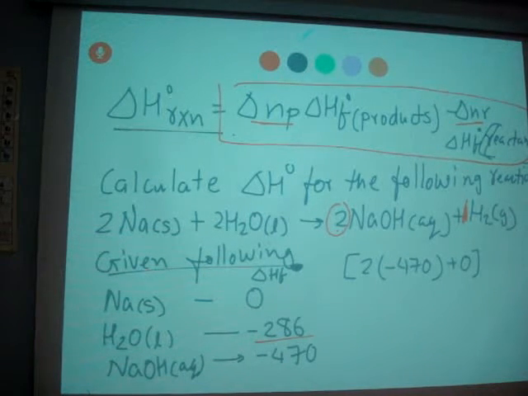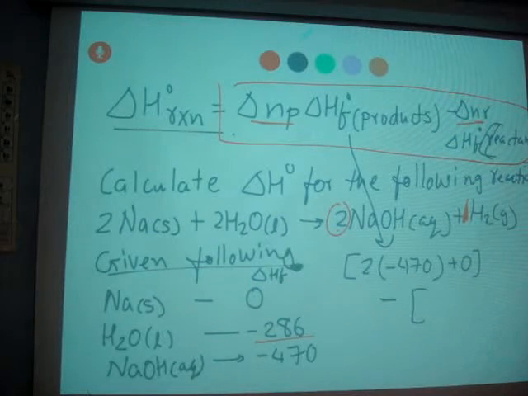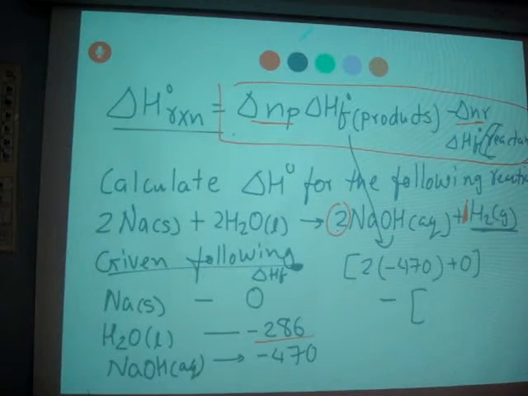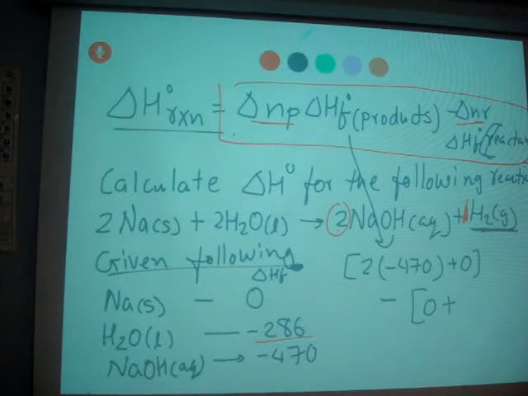That's for products. We are following this equation. Minus the reactants: 0 for sodium and 2 moles of H2O liquid, so 2 times negative 286. And now we need to solve this.